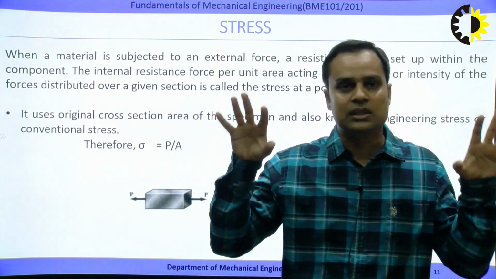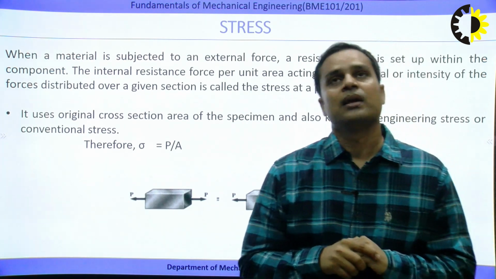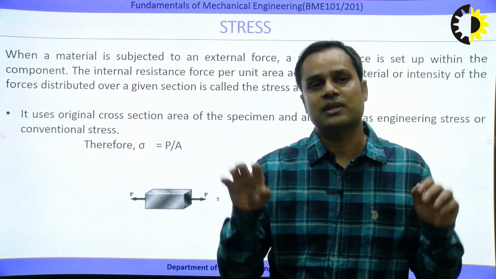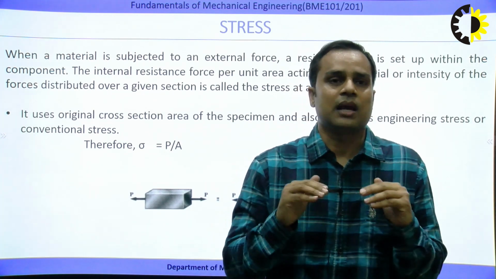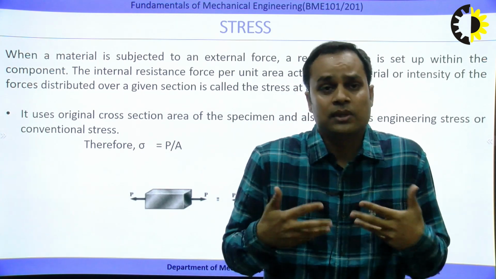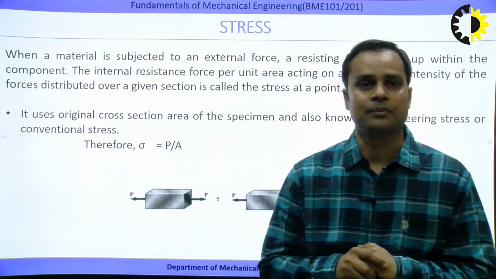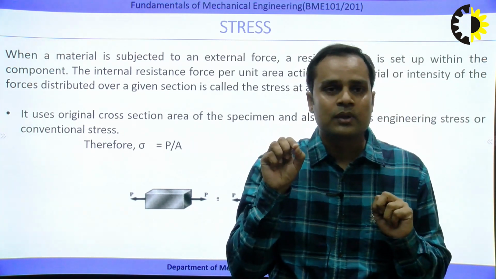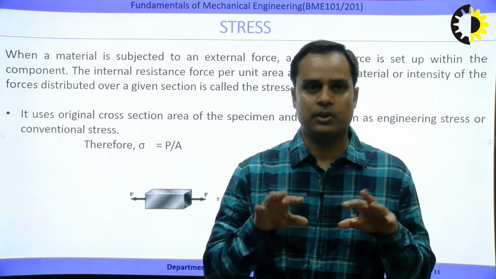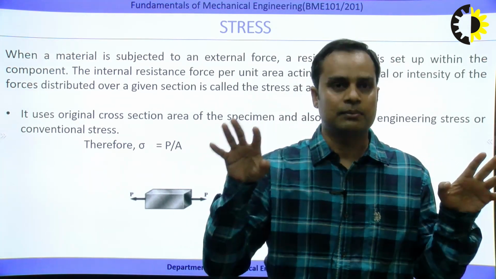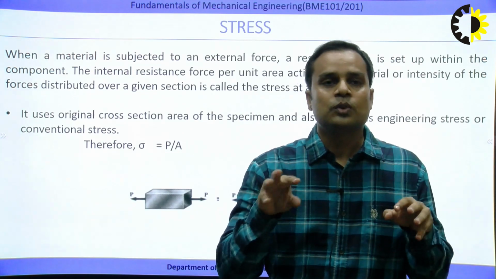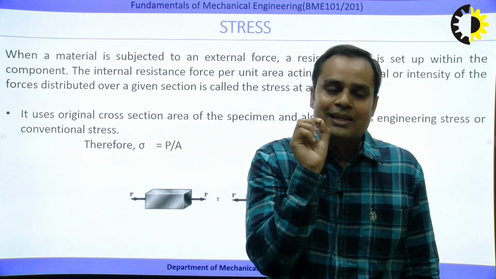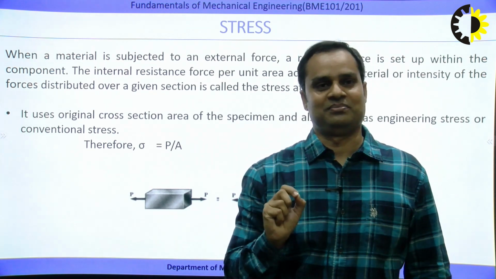We also developed the basic concept about stress and strain in the last class, how the stress is experienced and how we are able to measure the strain. And we idealize a point, because generally we study stress with respect to area. So we consider a point, and that point is idealized as an infinitely small area.